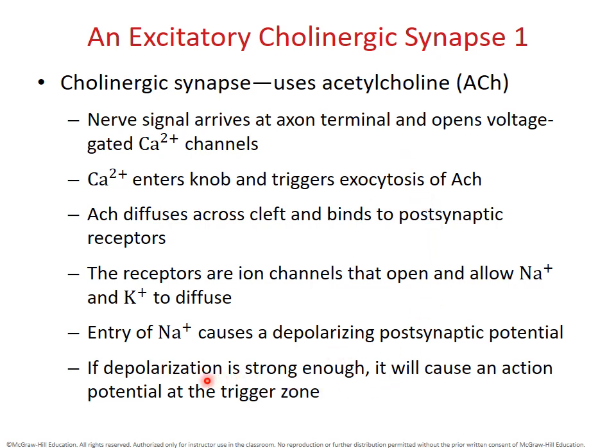But in a postsynaptic neuron, the depolarization has to spread, remember, through the dendrites, through the cell body, and it has to reach the trigger zone and still be strong enough at that point to cause threshold levels of depolarization. So this is all very familiar and essentially what we've been talking about for the last two chapters.